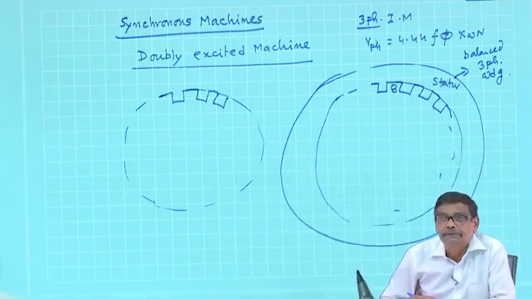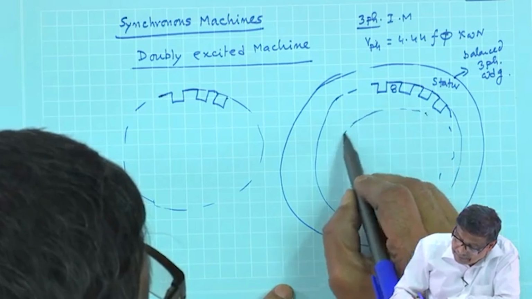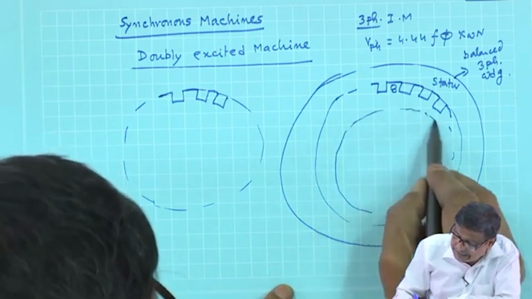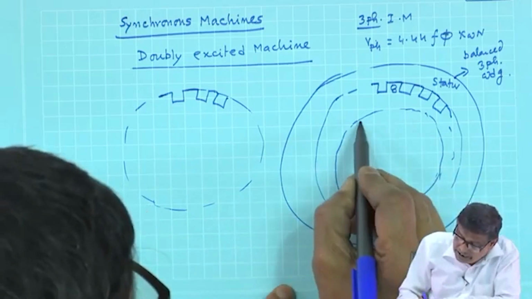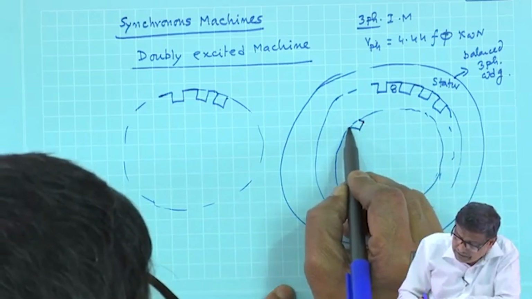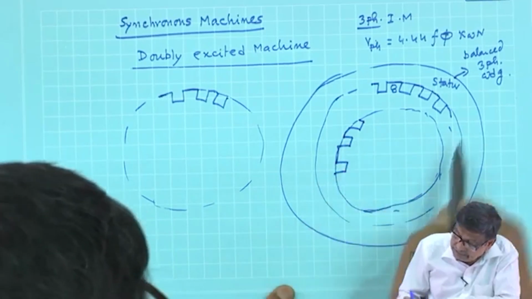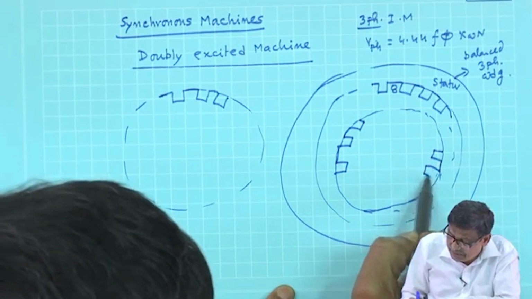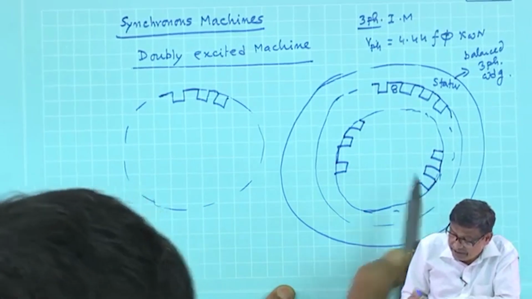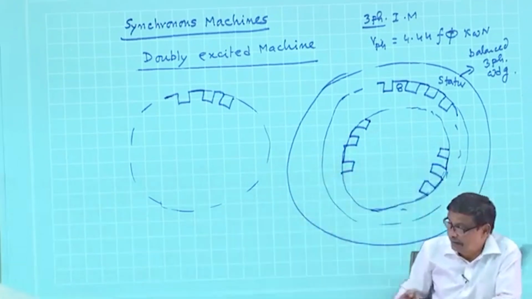The rotor is like this, a cylindrical structure, where you can have some slots and teeth like this, on this side also. Forgive me for this bad diagram, but it is like this. It has no 3-phase winding. What is done?